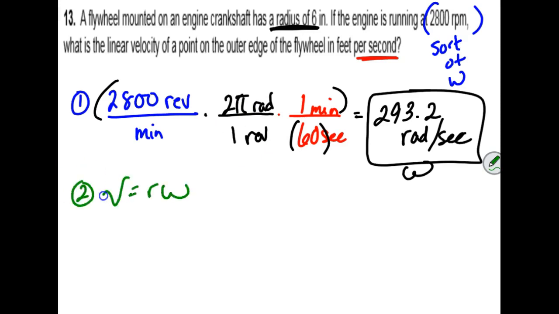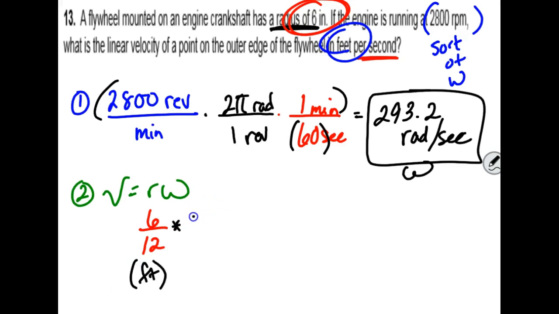It's just r times angular velocity. However, the radius is 6 inches. The question says feet per second. So you can't tell me the radius is 6 inches. You got to tell me the radius is either a half of a foot or 0.5 foot or 6/12, whatever you want to do. So that's the radius, now measured in feet.